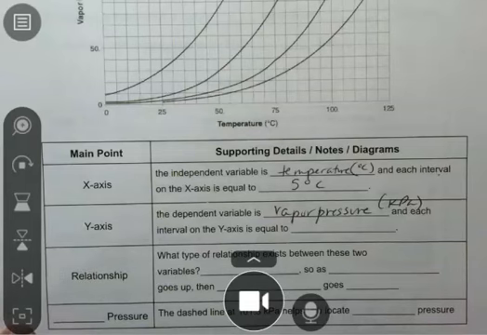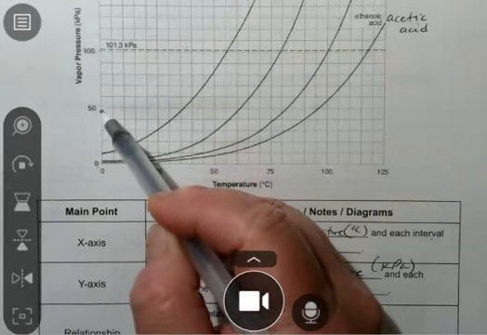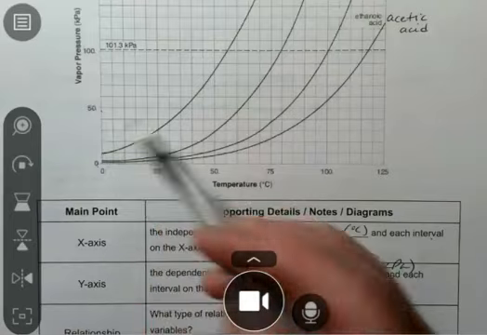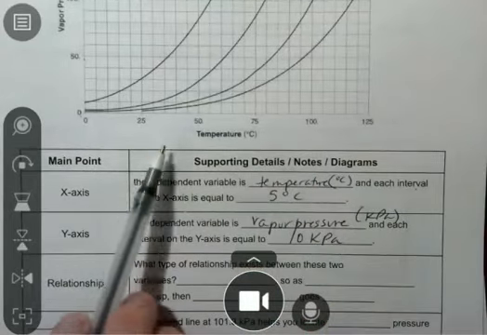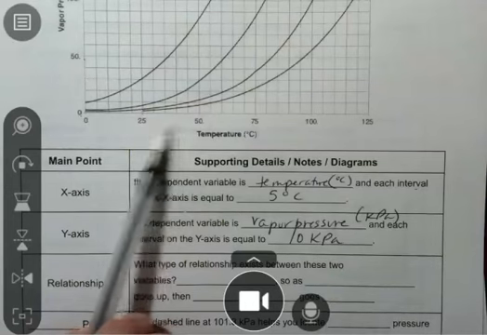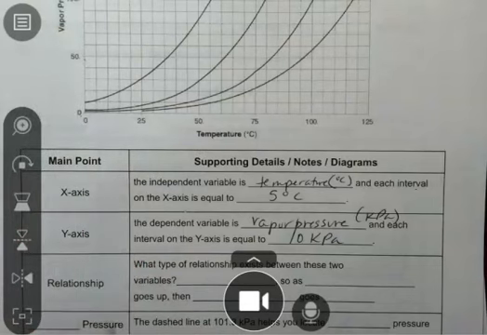And each interval on the y-axis is not 5. If this is 0 and this is 50 and there's 5 intervals in between, then each one of these little intervals is equal to 10 kPa. So this is something that's easily confused. Remember, you got 5-degree intervals here and intervals of 10 kilopascals here.